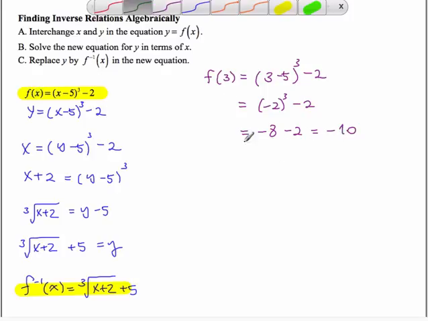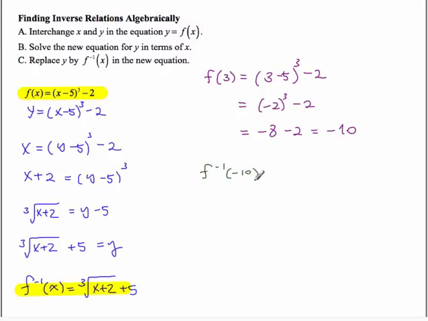But now, check this out. f inverse of negative 10 should be 3. So what is f inverse of negative 10? Well, I'm going to use this expression: the cube root of (negative 10 plus 2), plus 5. That's the cube root of negative 8, plus 5, right?